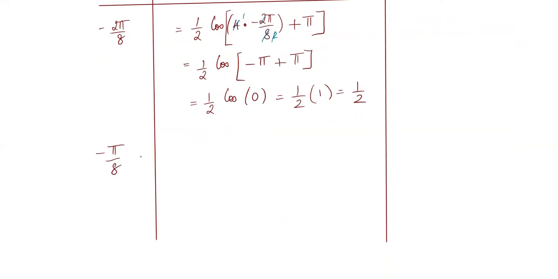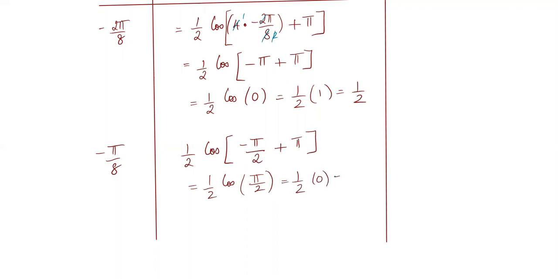Negative pi over 8 is going to be half cosine of negative pi over 2 plus pi, because the 4 and the 8 will cancel, so I'm keeping it as a 2. Again, do all these things as mentally as possible because these are simple fractions. So that's going to be 2 pi minus pi, which is pi over 2. Cosine pi over 2 is half times 0, which is 0.